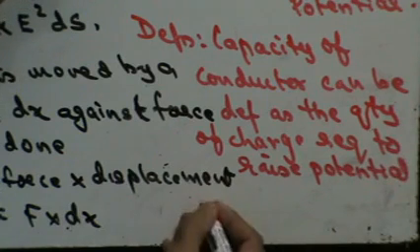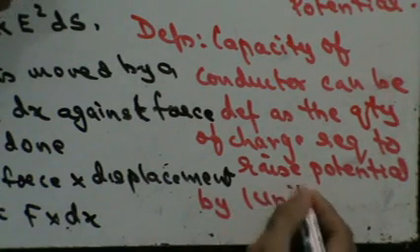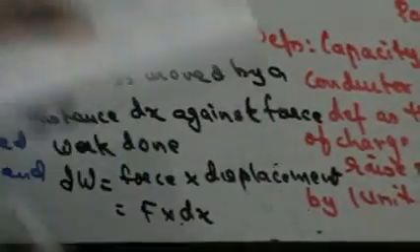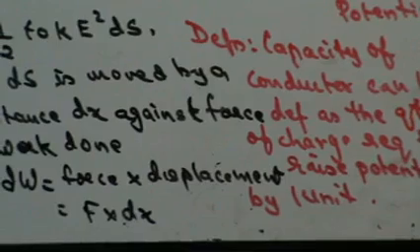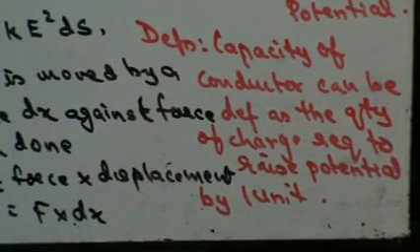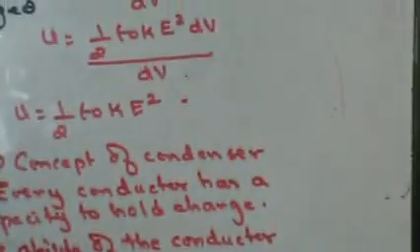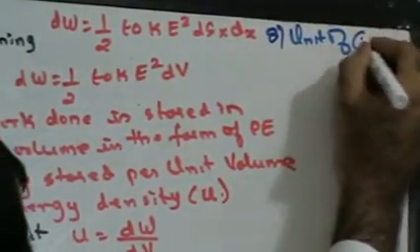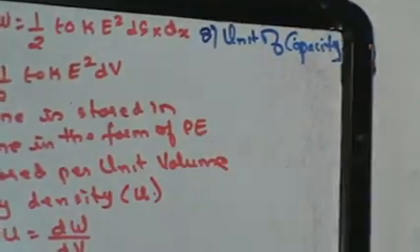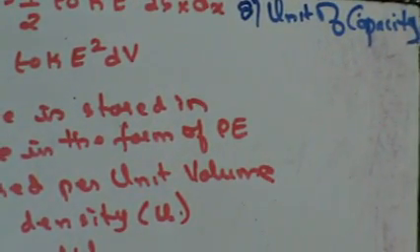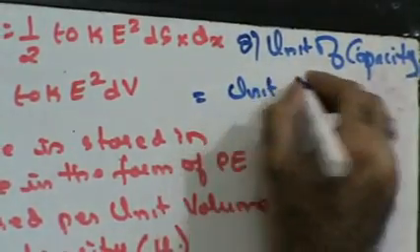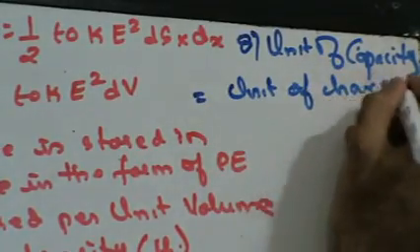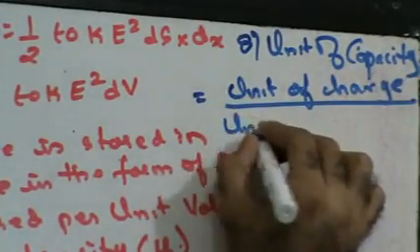If this is the capacity of the conductor, what will be the unit of capacity? The unit of capacity will be nothing but the unit of charge upon unit of potential.